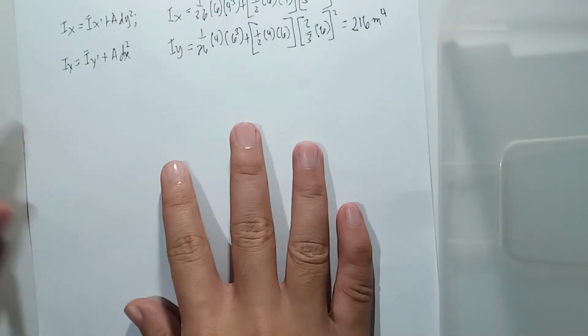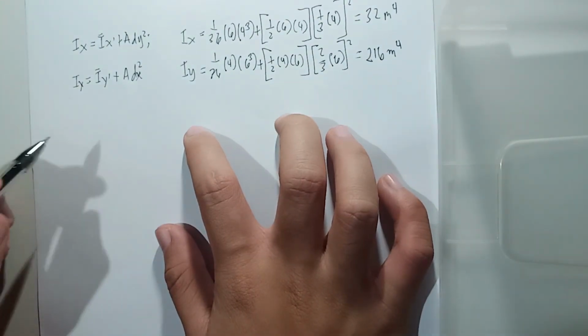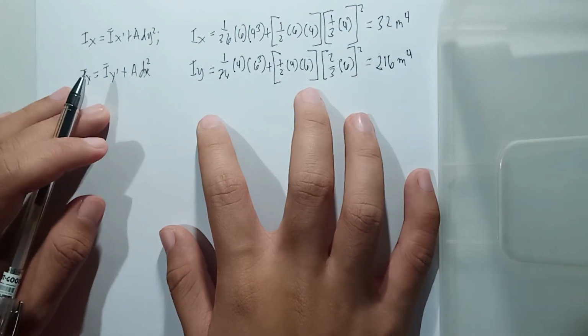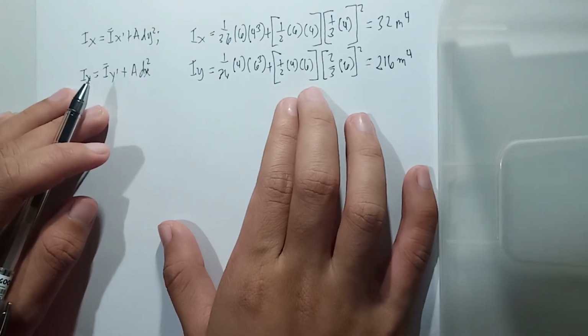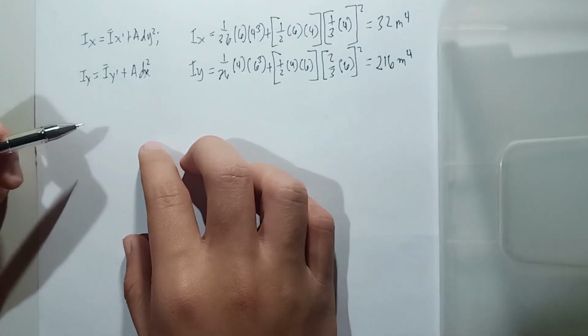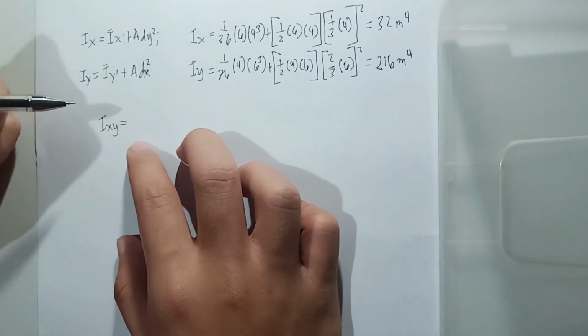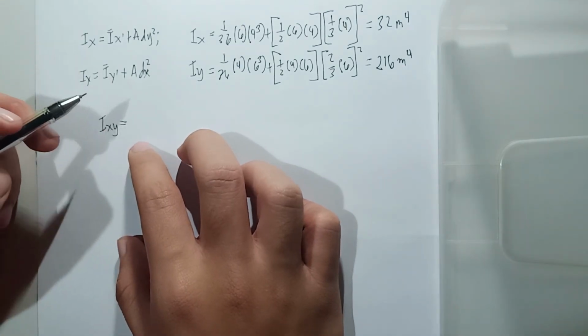And then to find the product of inertia, in our book on page 550, we find there the integration with respect to x and y axis, Ixy, which is equal to base squared times h squared over 8.